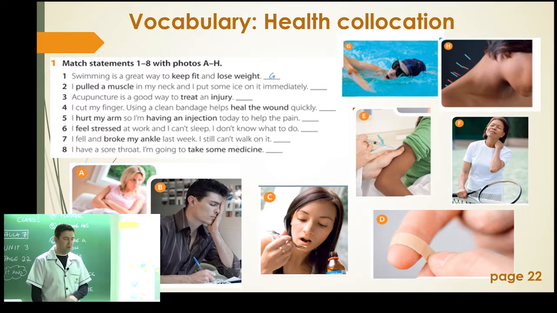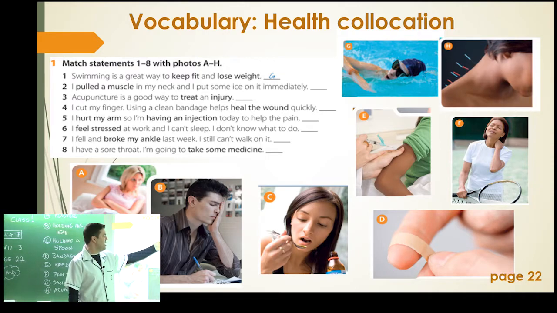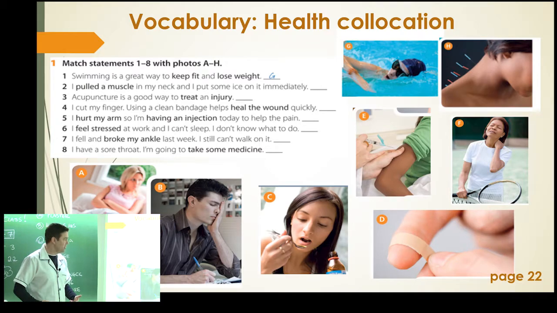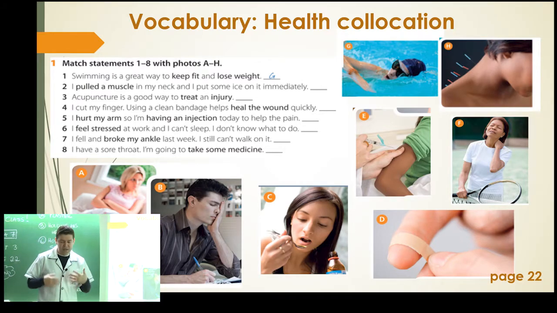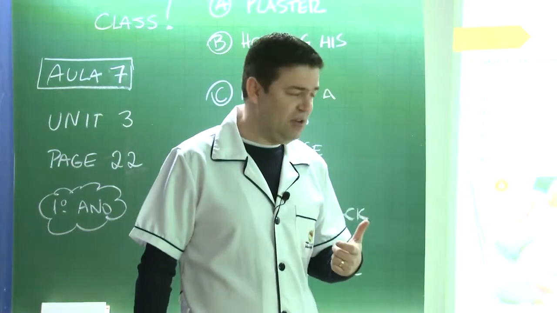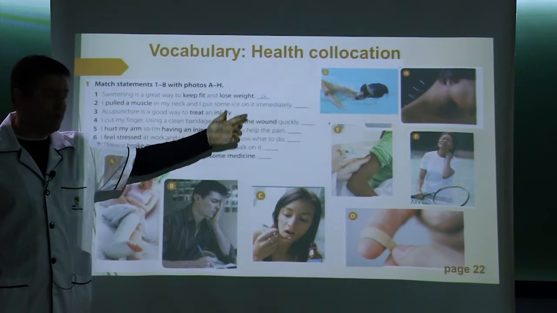So I'm going to read for you. Number 1, swimming is a great way to keep fit and lose weight, right? To keep is to maintain, to keep fit. In Portuguese I would say manter a forma, but in English we say keep fit. And lose, perder, lose weight, right?